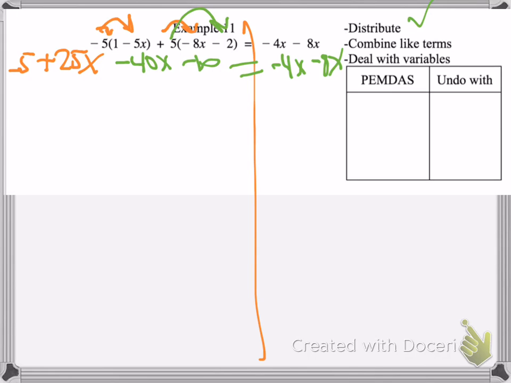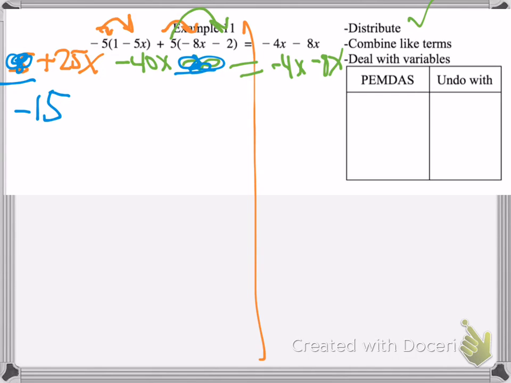So I distributed. Now I need to combine like terms. So I've got a negative 5 and a negative 10. Remember, we're combining like terms only on the same side. So negative 5 and negative 10 is negative 15. So I'm done with those.